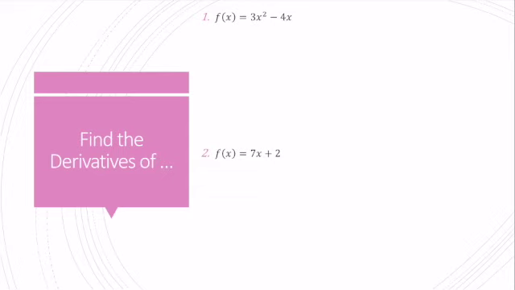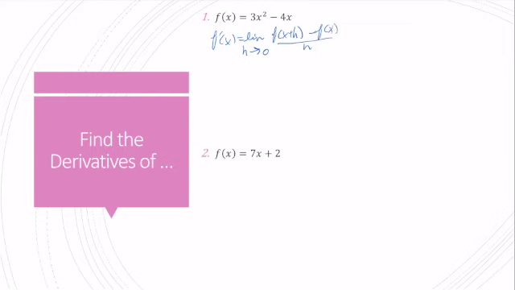For this next example, I have 3x squared minus 4x. So again, f prime of x is the limit as h goes to 0 of f of x plus h minus f of x over h.